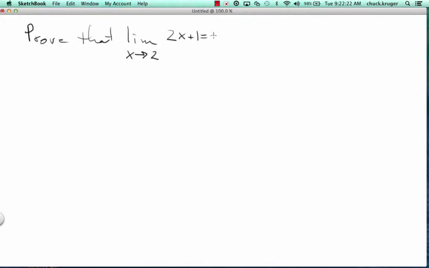Now, when you do this proof, what you're really showing is this part.